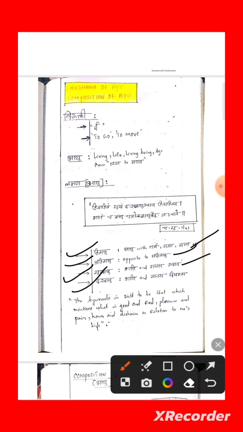Dukhayu is where sharira and manasa have vishamata, that is a physical illness or a mental illness, both come under Dukhayu. Then you will have to fill your papers, so write this explanation: Ayurveda is that which mentions what is good and bad, pleasure and pain, honor and dishonor in relation to one's life.